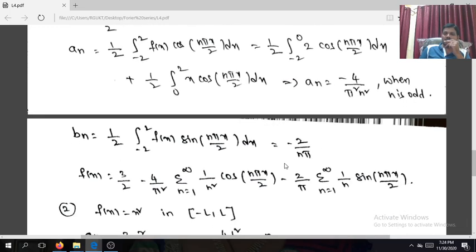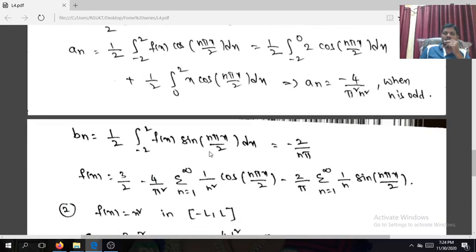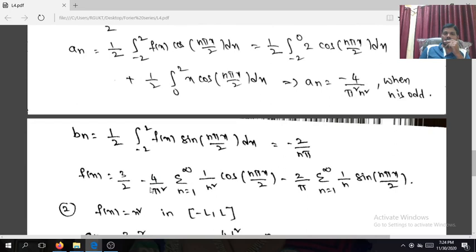If you substitute these in the expansion, f of x is equal to a0 by 2, 3 by 2, minus 4 by pi square, summation n equals 1 to infinity of 1 by n square cos(n pi x / 2), minus 2 by pi, summation n equals 1 to infinity of 1 by n sin(n pi x / 2).